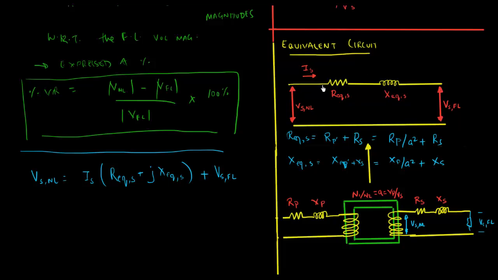So the voltage drop across this resistance and this inductance plus the full load voltage gives us the no load voltage. This gives us that the secondary no load voltage minus the secondary full load voltage is nothing but the voltage drop here.